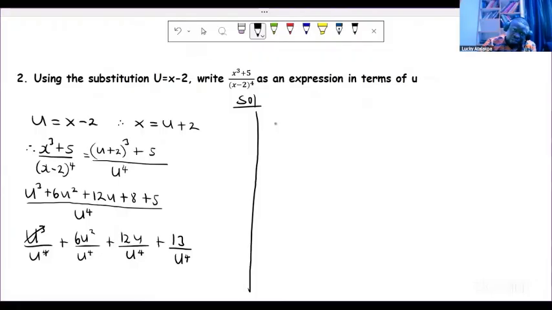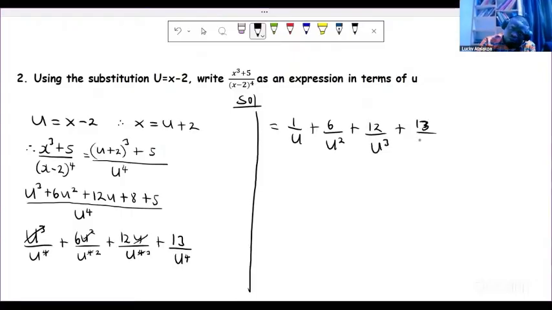You have 1 left, so this is 1 over u. 2 of this cancels 2 from this, so this becomes 6 over u squared. Plus 1 will cancel 1 from this. You're left with 12 over u cubed plus 13 over u to the power of 4. So that is the final result.